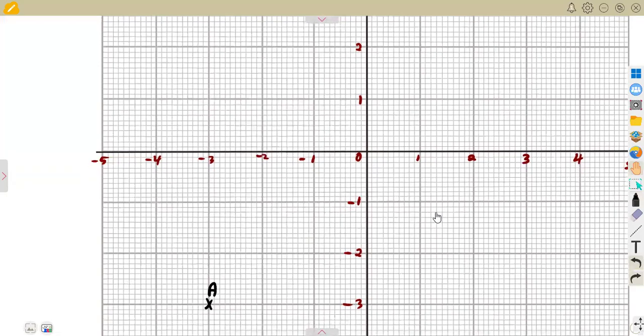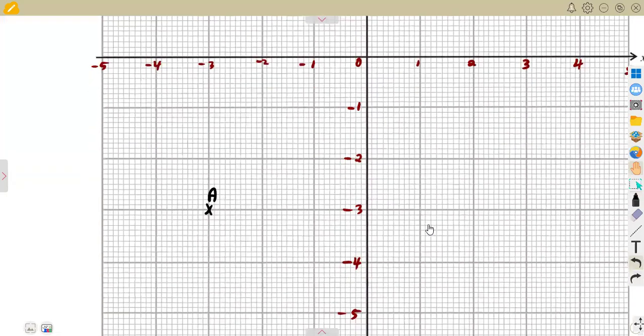Then the point B was given as (-4, -4), meaning x is -4, y is -4. Where these two meet, you mark a point. That's our point B. The point C was given as (-2, -4), where x is -2 and y is -4. They meet at this point, and you mark a point.